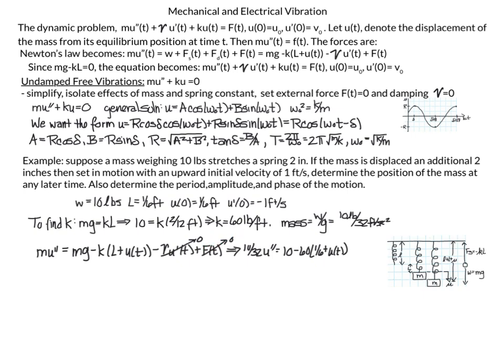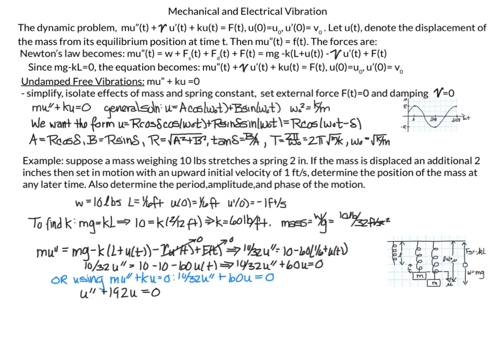So we have m, which we calculated here, 10 over 32, u″ is equal to our weight, which is 10, minus k, which is 60, times L, which is 1/6. Doing the arithmetic, we then get 10 over 32 u″ plus 60u is equal to 0.